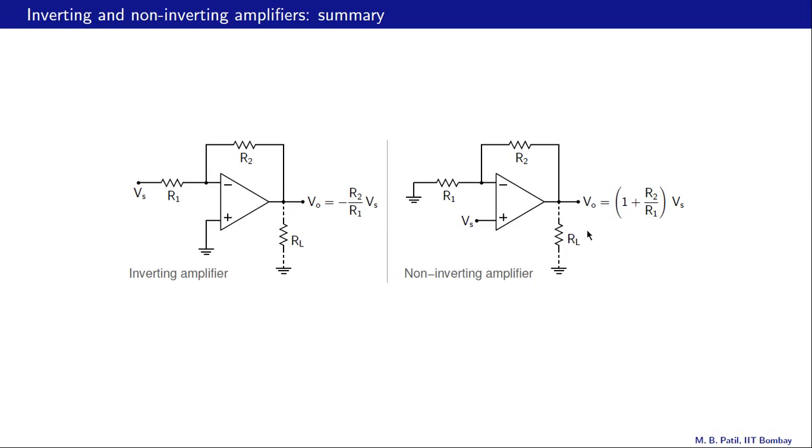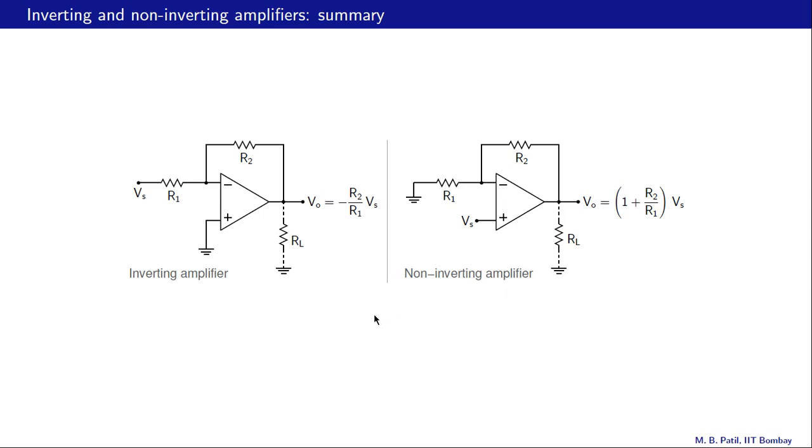On the other hand, for the non-inverting amplifier, VO has two terms, and these two terms came about because Vi is nearly Vs, and then there is this voltage drop. So VO is V minus this voltage drop, and that V minus was equal to Vi or Vs as it is called here. And that is why we have two terms here.